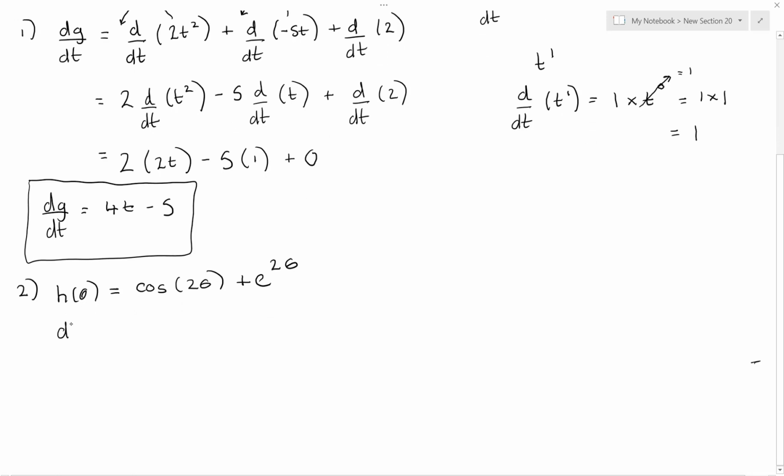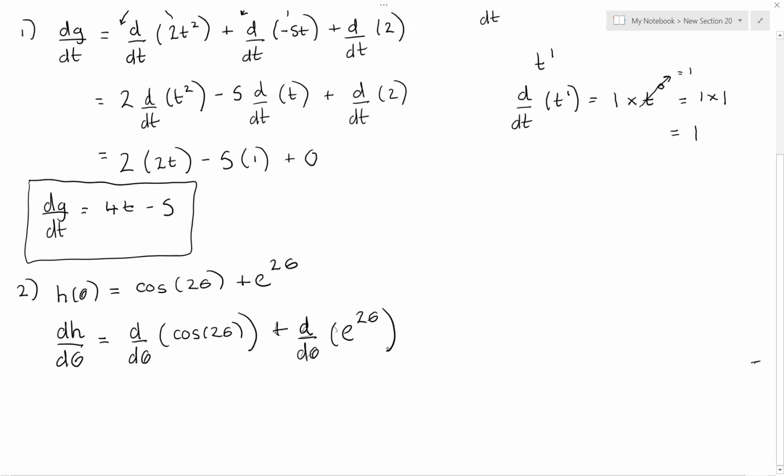So we'll write dh by d theta is equal to d by d theta of cos of 2 theta plus d by d theta of e to the 2 theta.